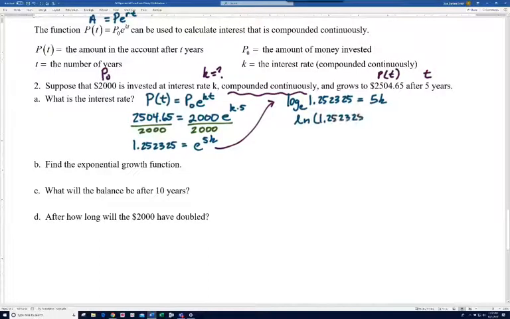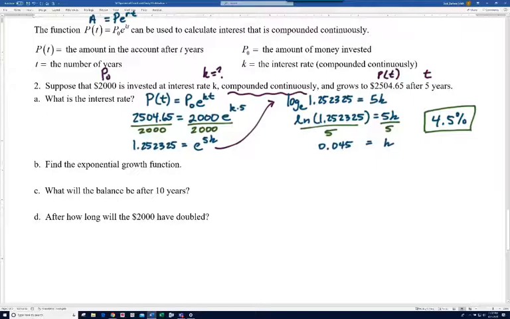Let's switch to the natural log form using ln, and then divide each side by 5. So you're going to get k is equal to 0.045. Now remember, that's an interest rate, so that would be 4.5%.